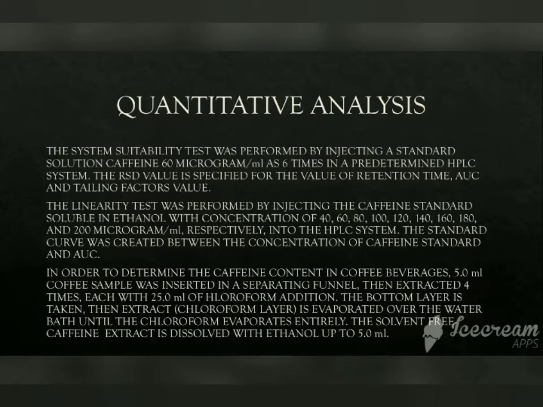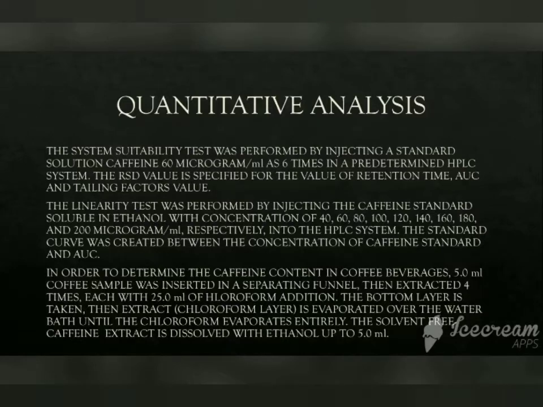The linearity test was performed by injecting the caffeine standard dissolved in ethanol with concentration of 40, 60, 80, 100, 120, 140, 160, 180 and 200 microgram per milliliter, respectively, into the HPLC system. The standard curve was created between the concentration of caffeine standard and AUC.